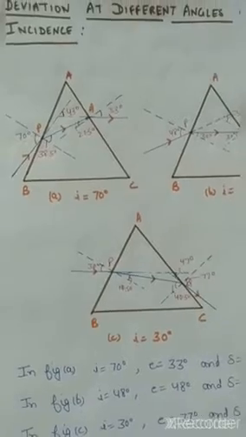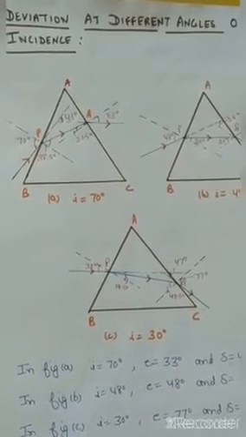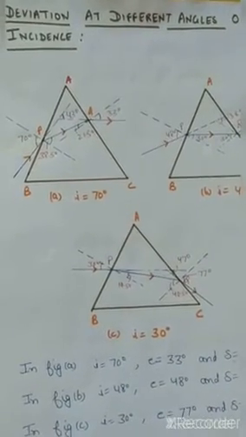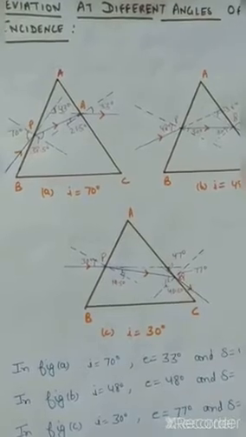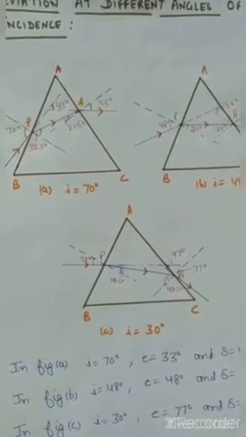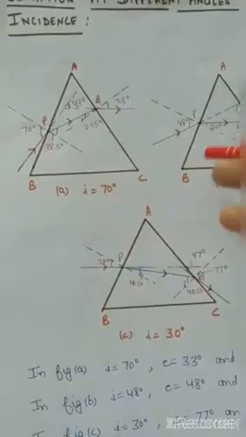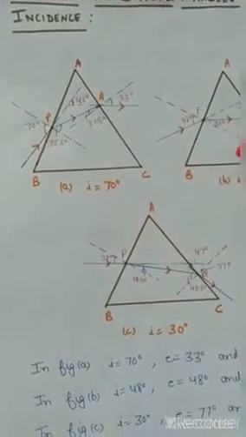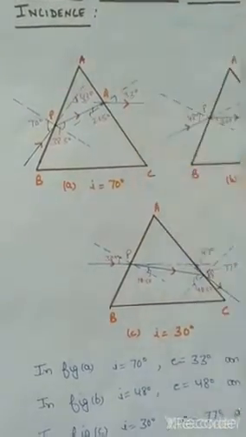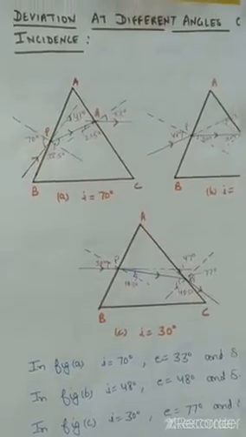Also there is a point about deviation at different angles of incidence. How the deviation takes place, as I told you, when we do the experiment for different angles. This is the type of figures you will get for different angles of incidence.